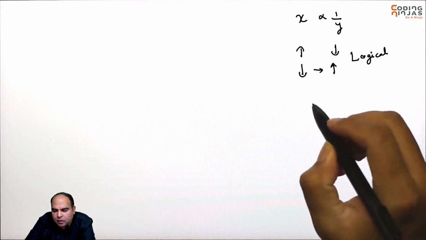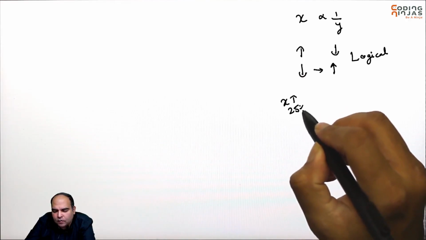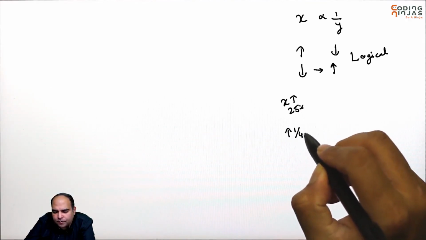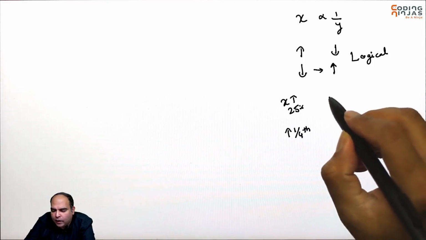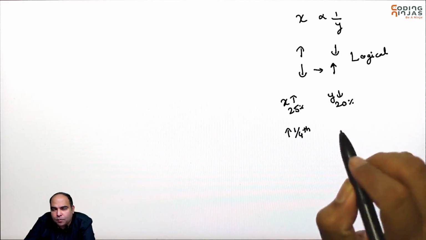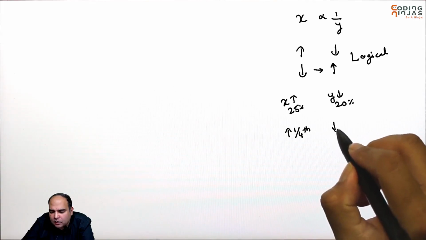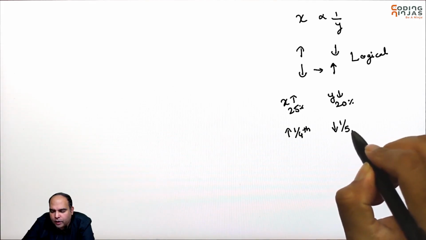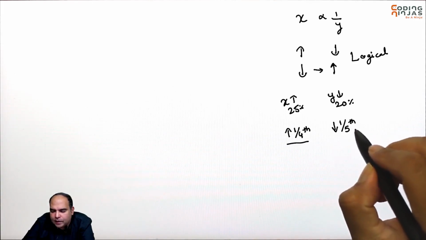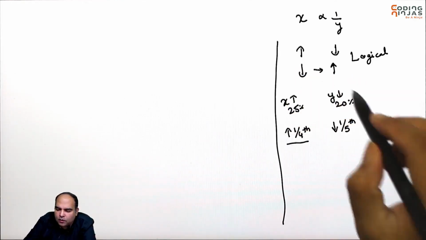But in percentage terms, if x is increasing by 25%, or in ratio terms, if x is increasing by 1/4, then y would be decreasing by 20%. All the product constancy values for percentages and fractions would hold true here. X is increasing by 1/4, y will be decreasing by 1/5. So this is how this would work.